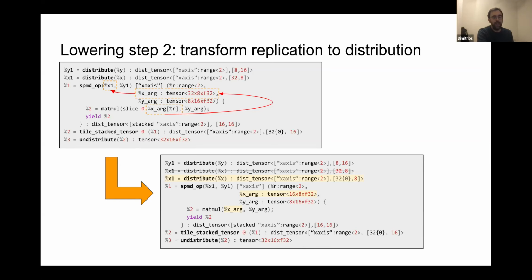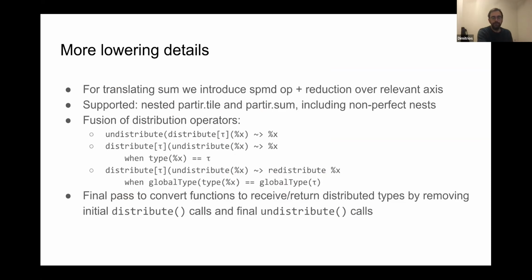This has the advantage that every device now gets only a local chunk of that tensor and can calculate something. So these two are the key steps to lowering. Step number one, explicitly lift all variables and create distribute ops. Step number two, optimize distribution based on what exactly happens in the body of these SPMD ops.